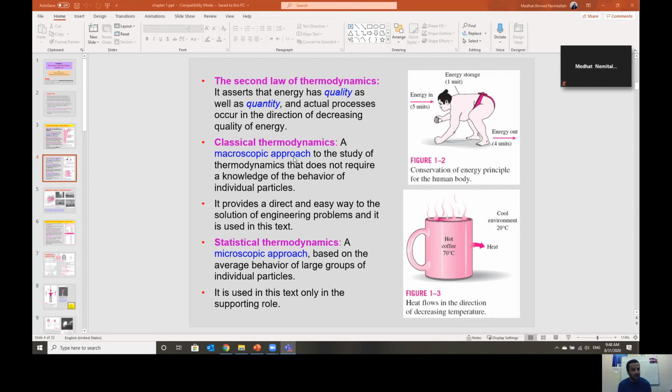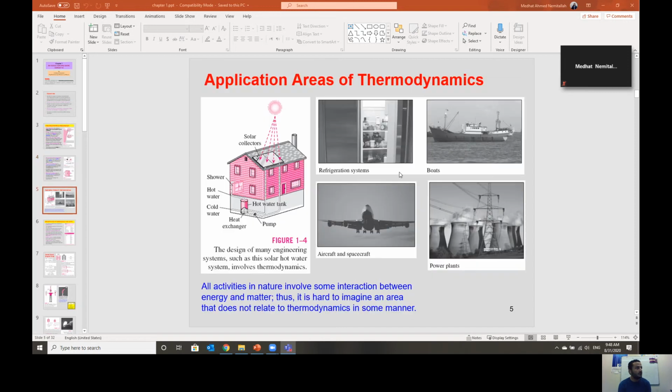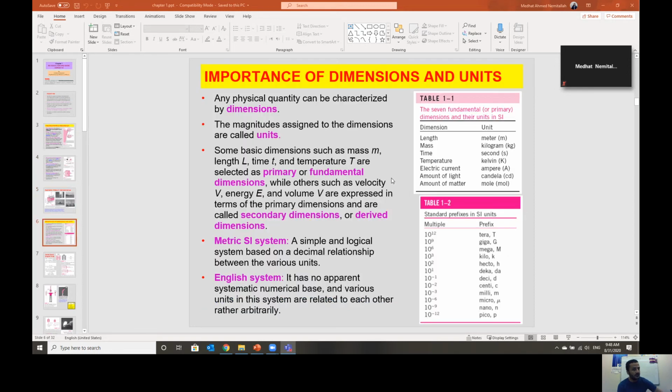And we have statistical thermodynamics, which deals with the molecular level, and we said this one is applied only in some specific applications like nuclear reactors. Whenever we have energy transfer or mass transfer, we can apply thermodynamics in terms of the first law and the second law.